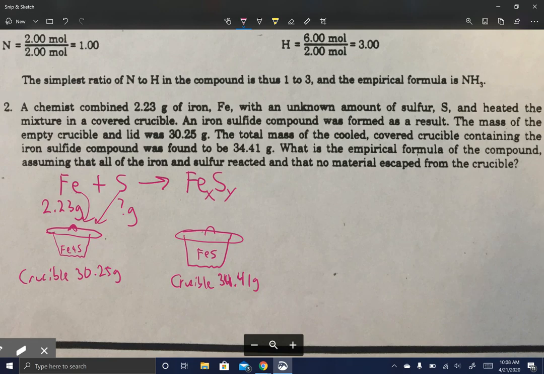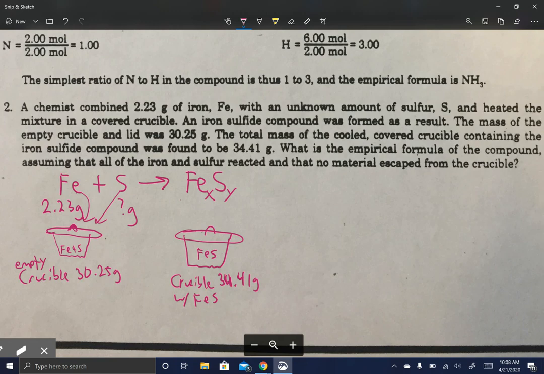I know this is misleading, the picture, but here, this is empty crucible, 30.25. So I know I drew the picture, but I'm just trying to do everything at once here. Empty crucible with FeS, 34.41. We want to know the empirical formula of the FeS compound.